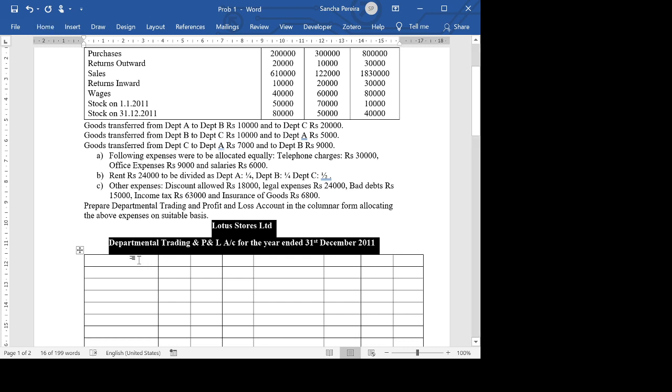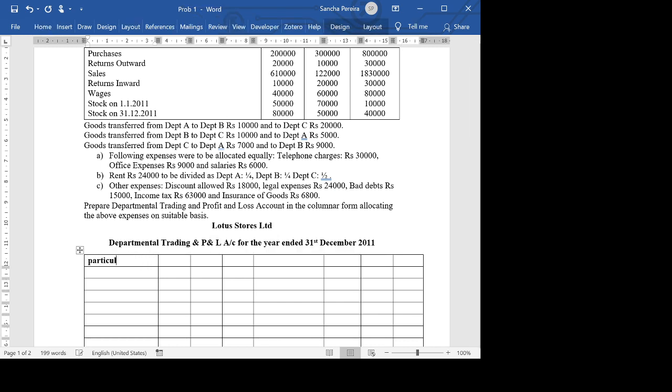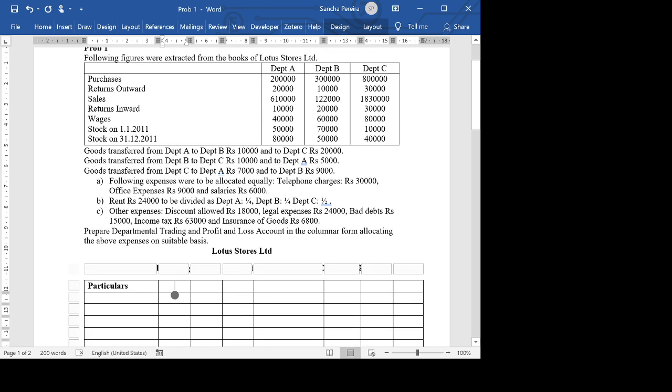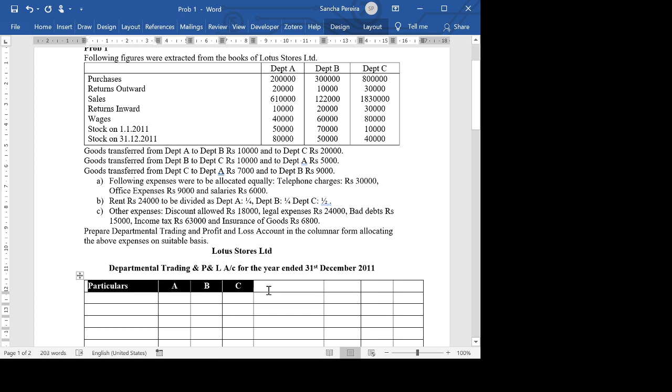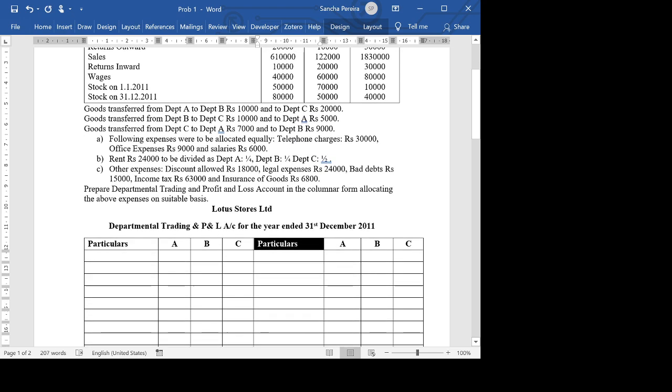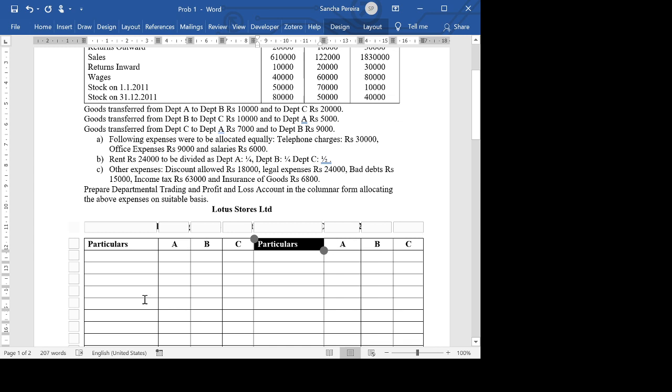So we have the particulars. The three departments here are A, B, C. So first we prepare the trading account. Okay. How do we start the trading account?